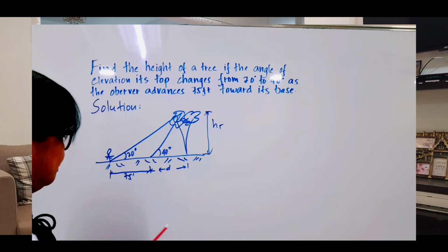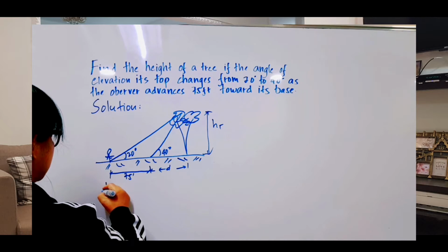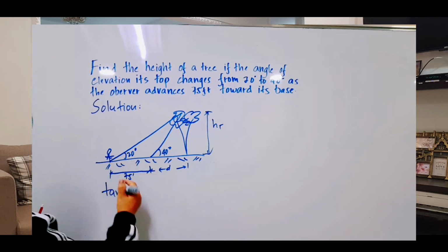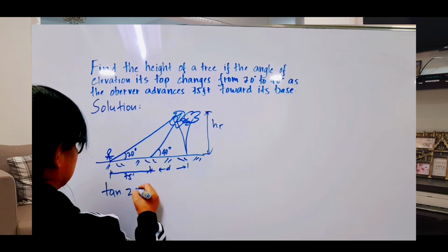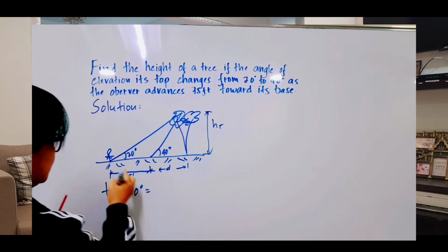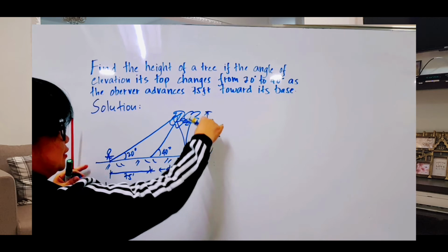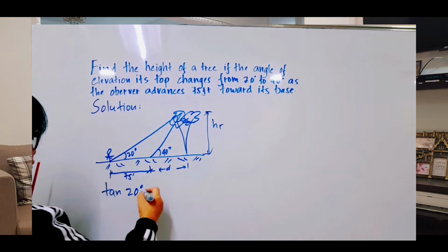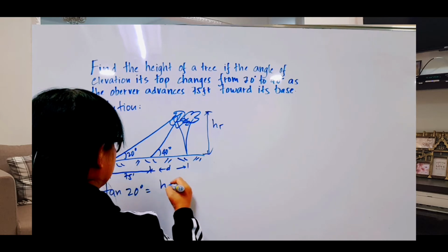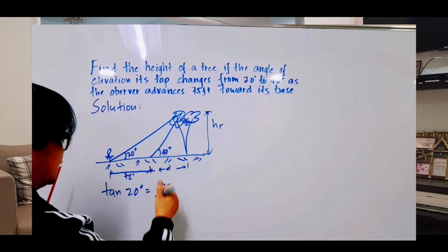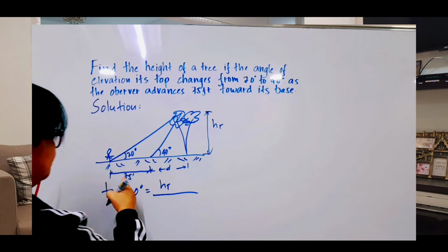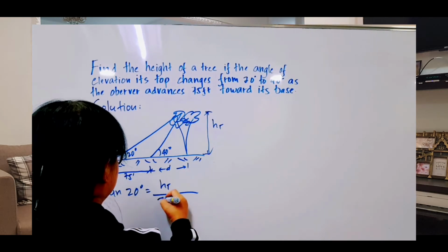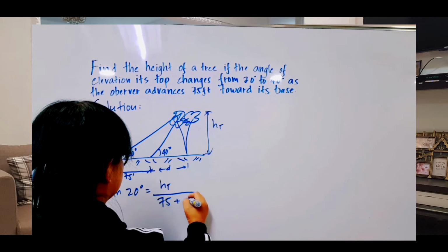Tangent, for example, of 20 degrees is equal to, of course, the opposite over the adjacent. So, the opposite, which is the height of the tree, over the adjacent, which from here to here is equal to 75 feet plus the distance.